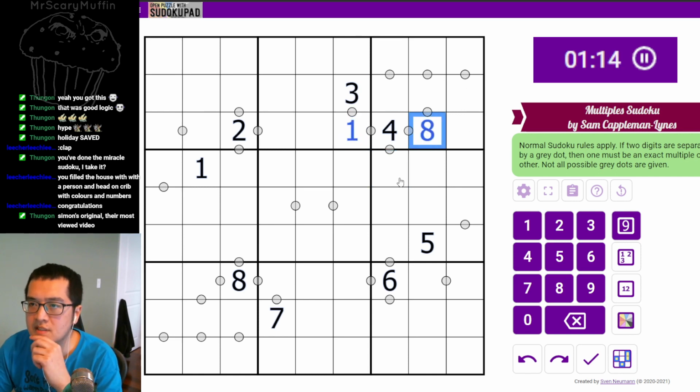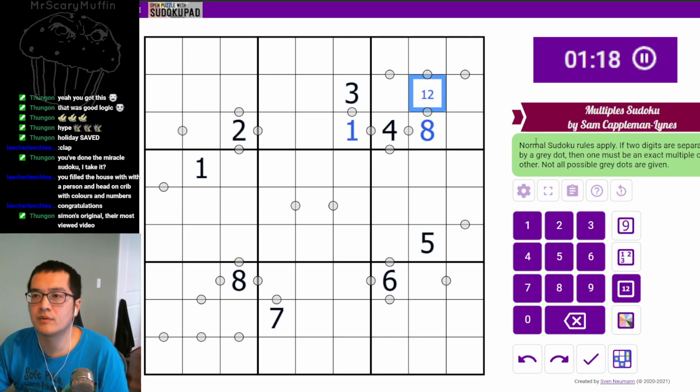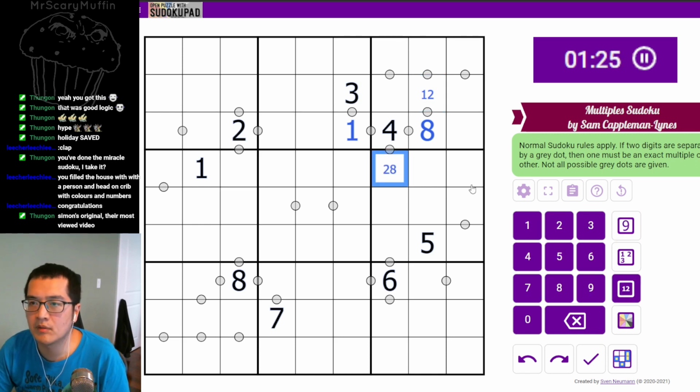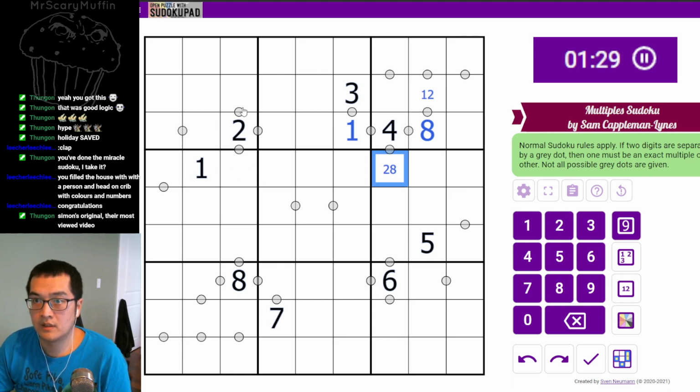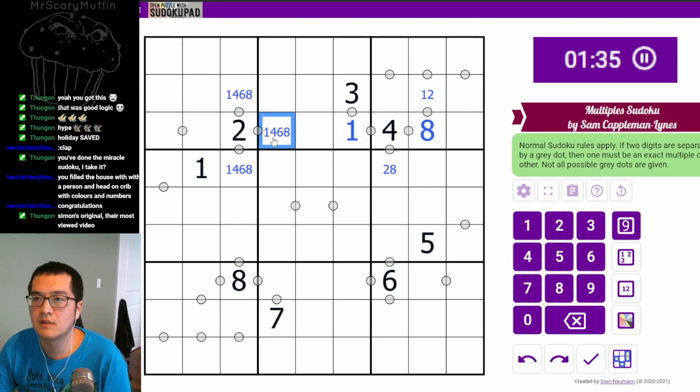That's the 8 here. This can be a 1, 2, 3, 4, 5, 6, 7, 8. So 1 or 2. This can be 1, 2, or 8, but it can't be a 1 because 1's over here already. 2s can be 1, 2, 3, 4, 6, 8.